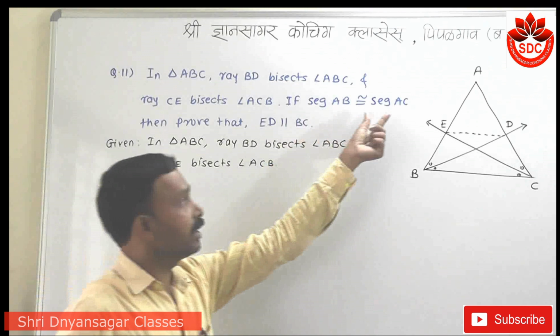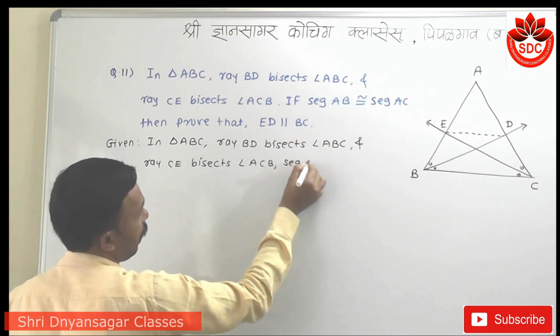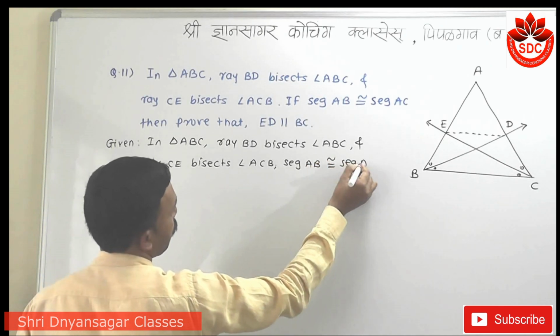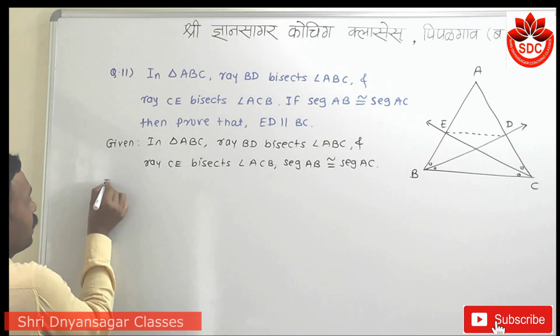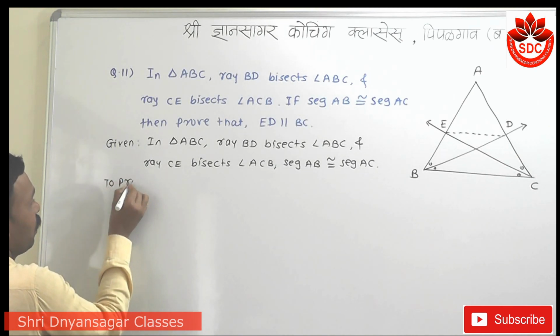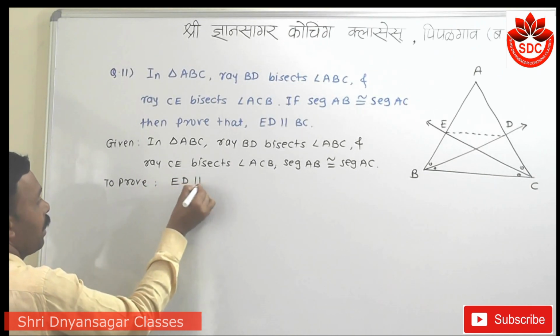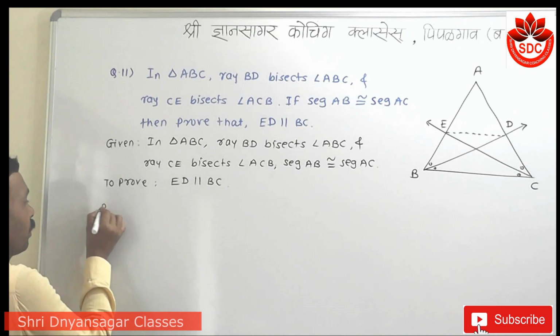Also AB is congruent with AC, meaning that segment AB is congruent with segment AC. This is in your given. Then the next sentence is to prove. Here is ED is parallel with BC. For this, it's proof.